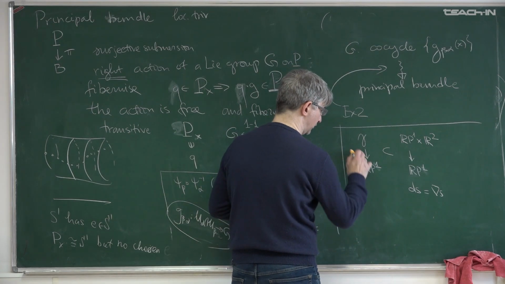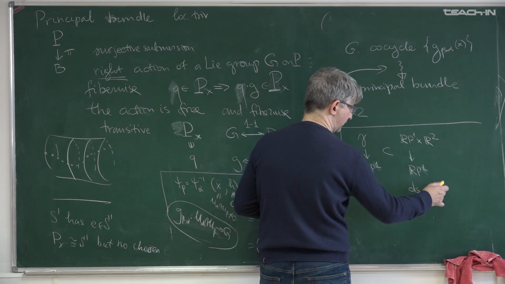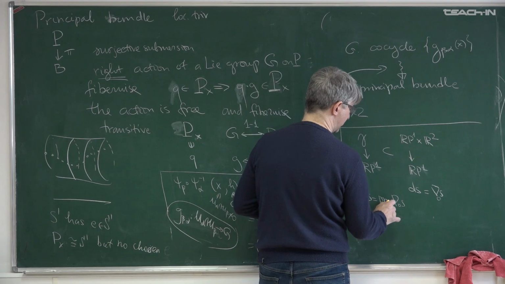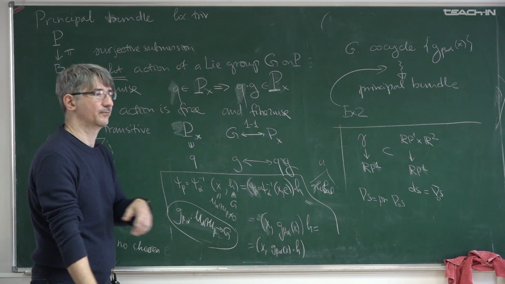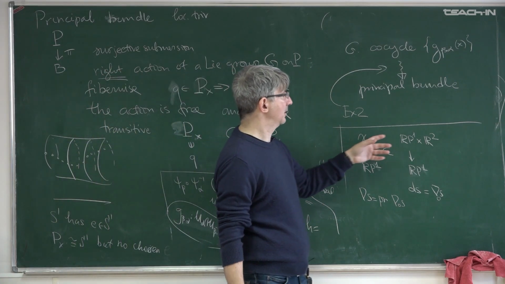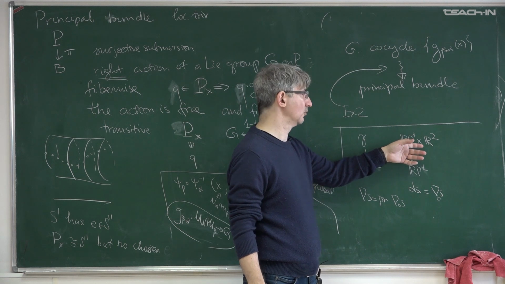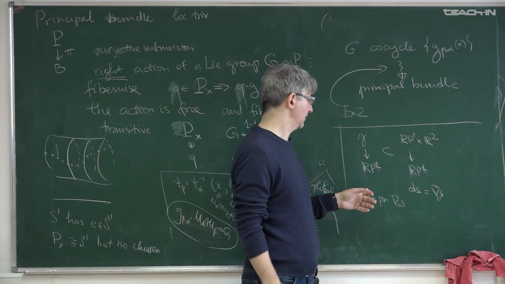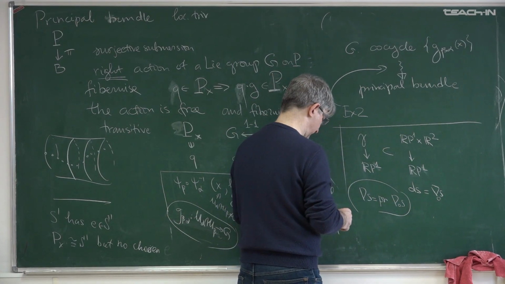Do you understand what I suggest to do? So you take a section here, you embed it, you take a derivative. It no longer belongs to this fiber, but you take a projection. My suggestion is to find the expression in a local chart.